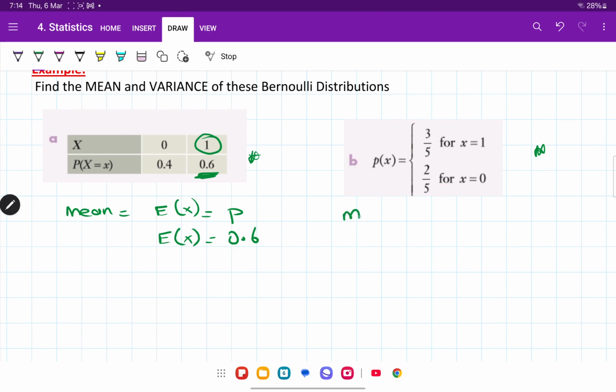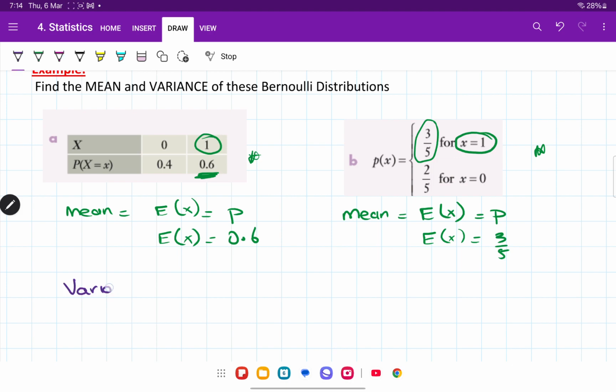Our mean, or our expected value, E(X), is equal to p, the probability of success when x is 1. The probability of success here is 3/5. So in this case, E(X) equals 3/5.